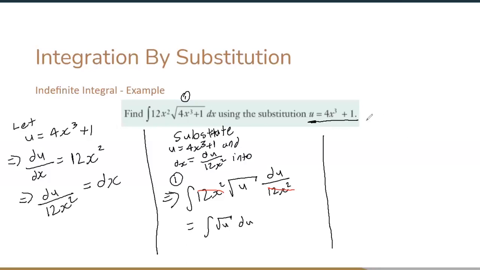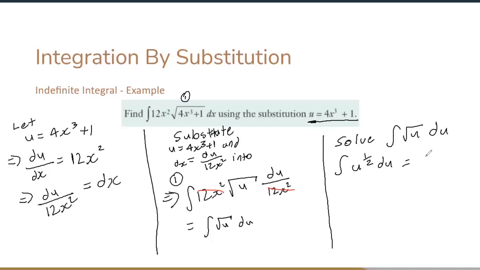Now I want to solve the integral of the square root of u du. And this is actually really easy. This is just a normal integral. Another way of writing it is the integral of u to the power of a half du. It's just like normal integration. I'm going to add 1 to the power and divide by the new power.